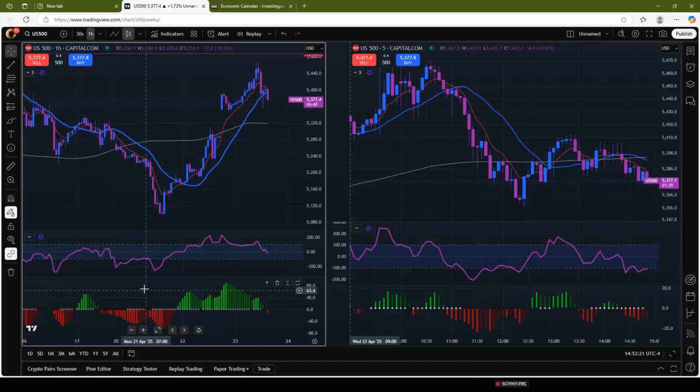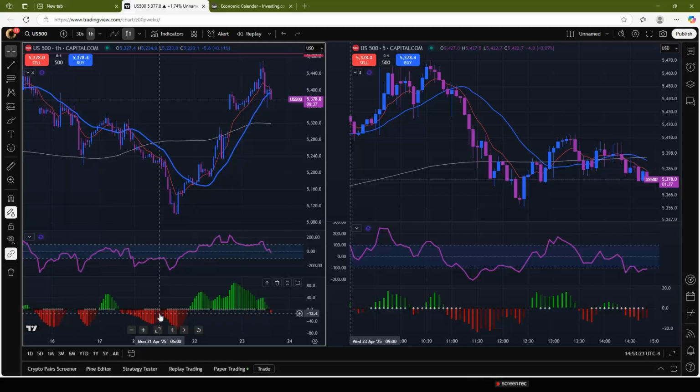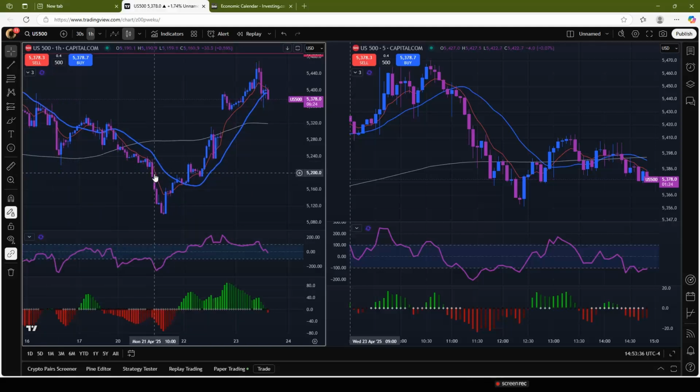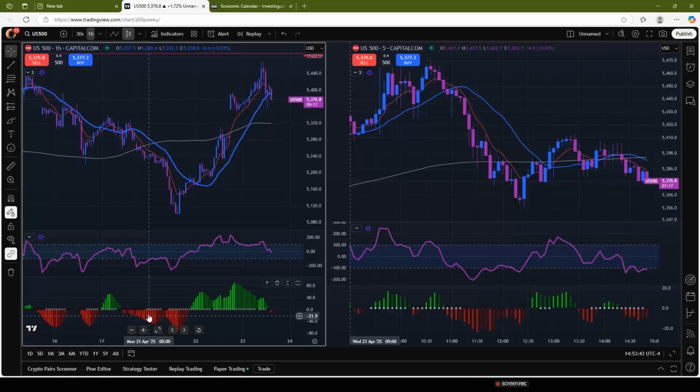As we can see in the past, if we look to our left on the histogram here on the momentum squeeze, price action had traded below the 8 period EMA in this area and below the 20 period moving average, and it came all the way down, and we can see that on the oscillator it shows that it's in bright red.